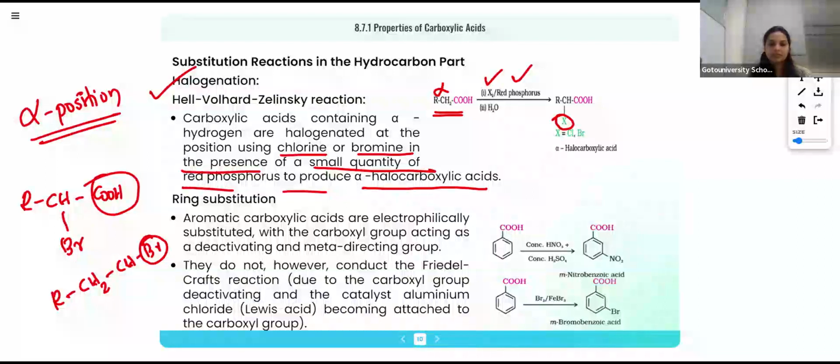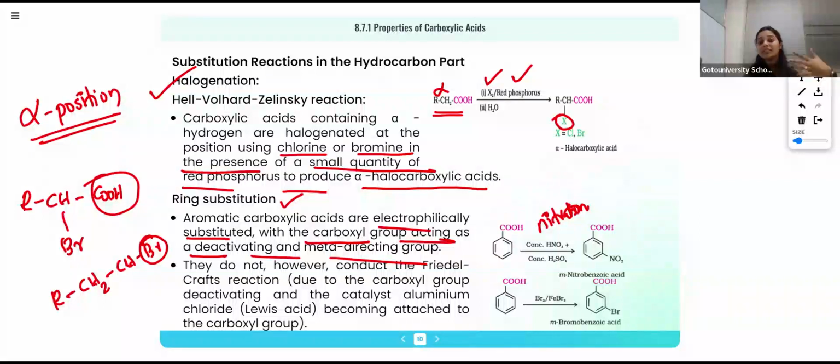Okay, that's all. Next one is ring substitution. We are substituting at some positions of the ring in the acid. Aromatic carboxylic acids are electrophilically substituted, with the carboxyl group acting as a deactivating and meta-directing group. When we do nitration, we have to use a nitrating mixture, which is a mixture of concentrated nitric acid and concentrated sulfuric acid.